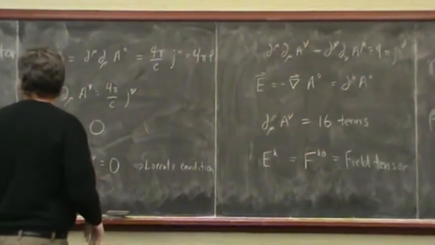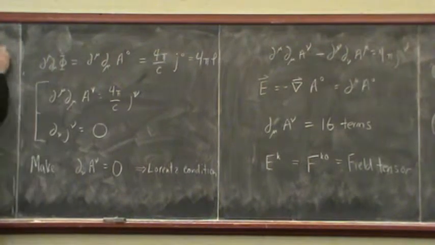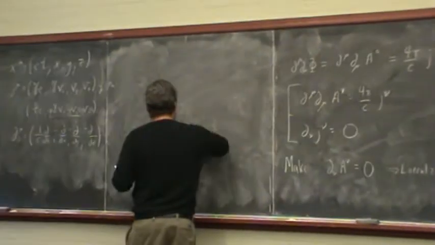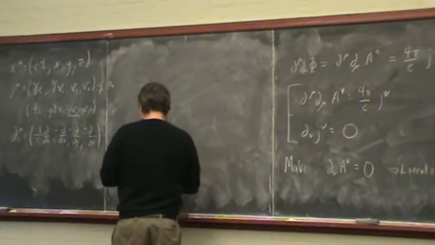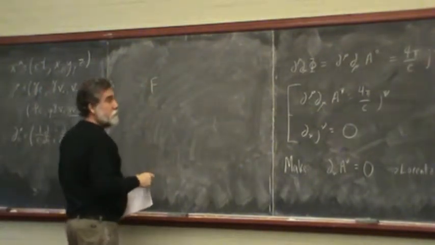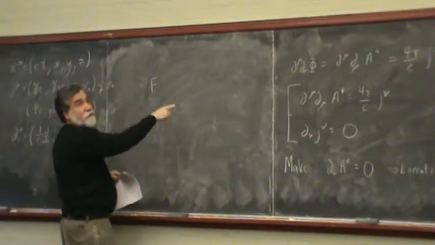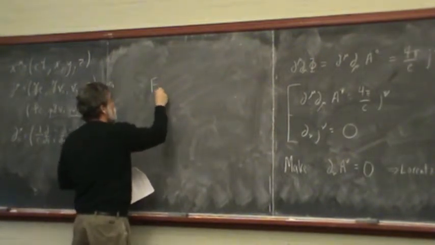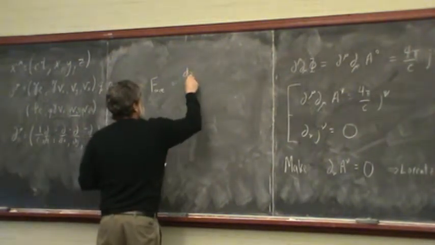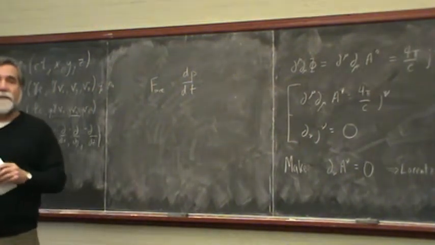So I'm going to talk a little bit about forces in order to try to figure out what these A's have got to be. Force, unfortunately, I'm not going to write F again, so I'm not talking field right now, I'm talking force. Force is dp/dt, as far as we know.